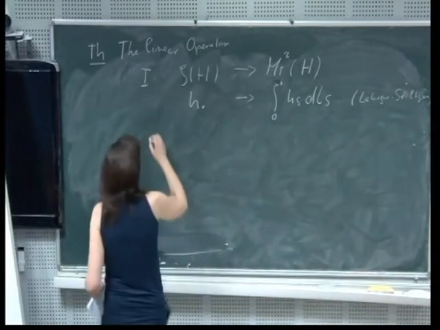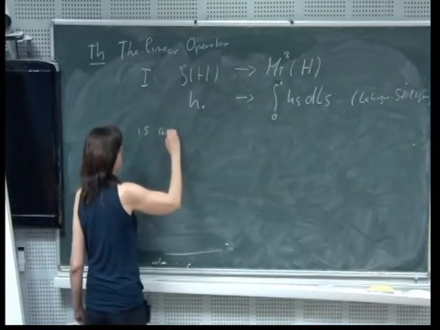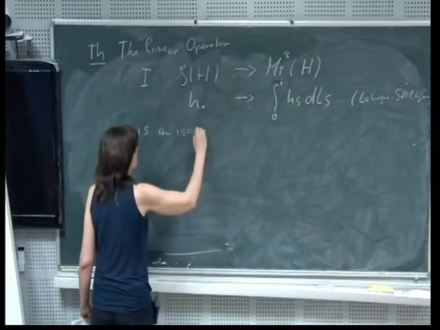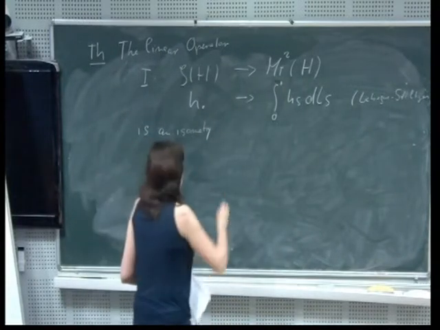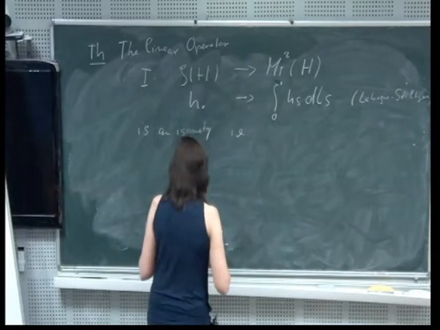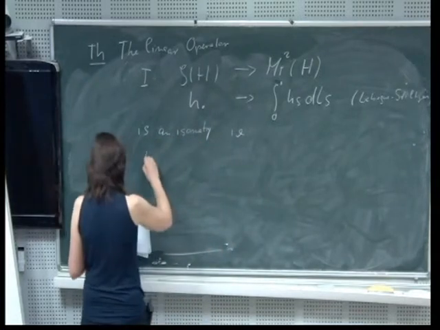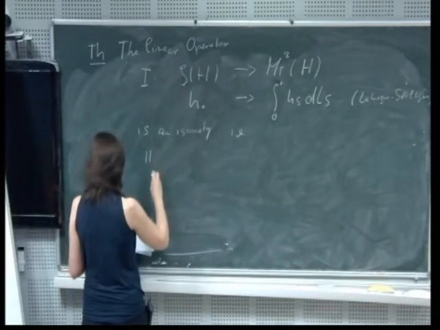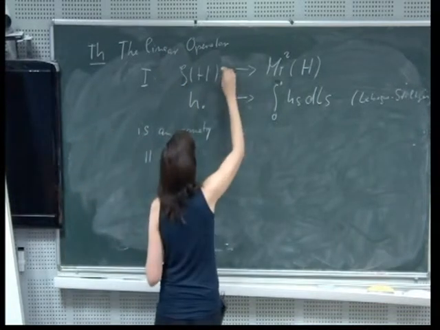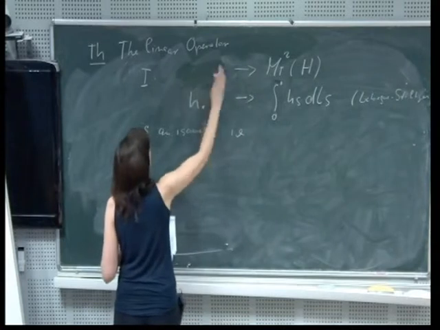This is an isometry. That is, the norm, now in the L2 space, I consider this to be a subset of the L2 space.